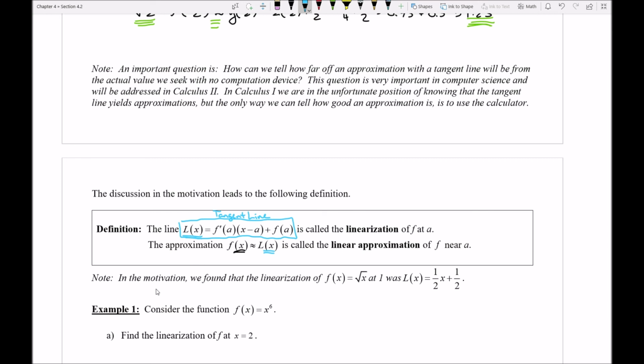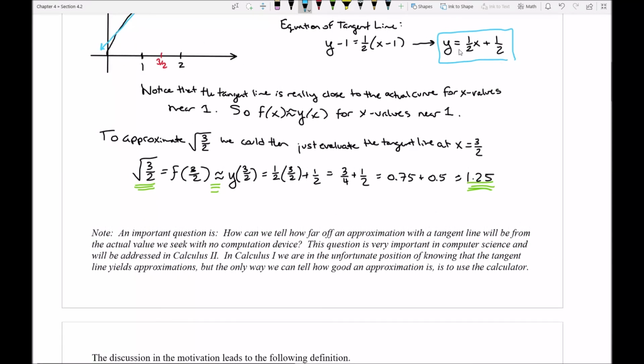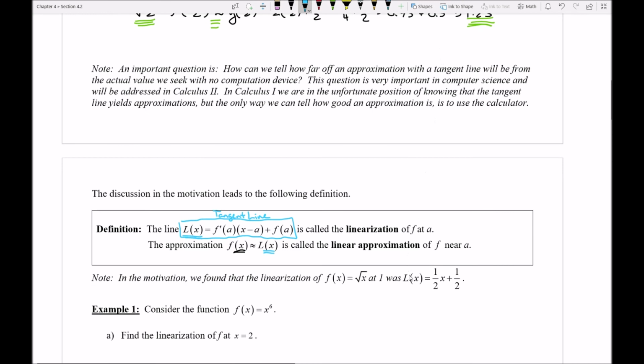So in the above motivation, we found a linearization of our square root function at the x value of 1, and our linearization was 1/2 x plus 1/2. Notice it's the exact same formula here. I've just replaced this value of y with an L. A lot of times people get a little freaked out when they see these new words, but just remember, if you're ever asked to find a linearization, you're just being asked to find the equation of a tangent line.